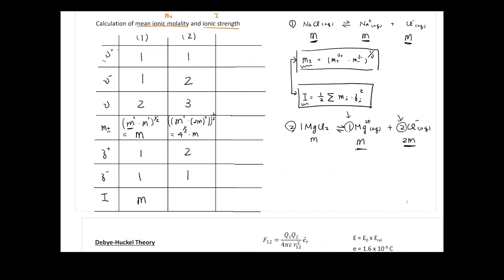For your ionic strength, it will be 1/2 times your m+, which is m, times your z+, which is 2, so 2 squared, plus your m− which is 2m times your z squared, which is 1 squared. So this is 1/2 times 4m plus 2m, which is 6m. Eventually, all you have is 3m for your ionic strength.